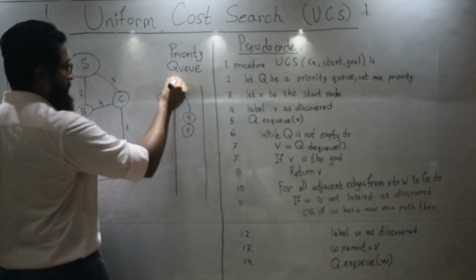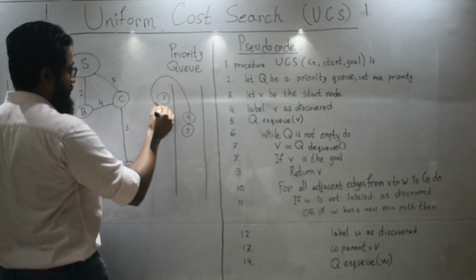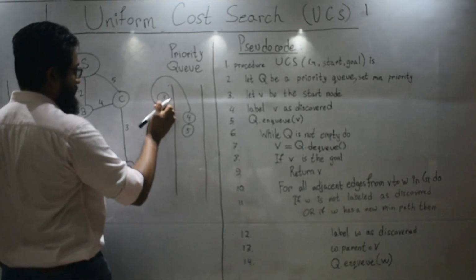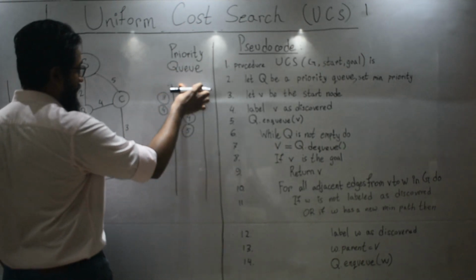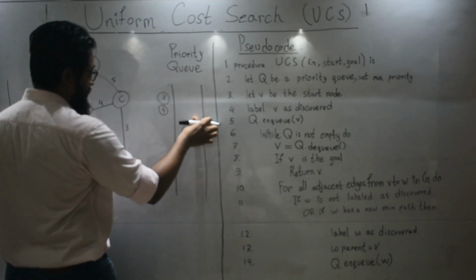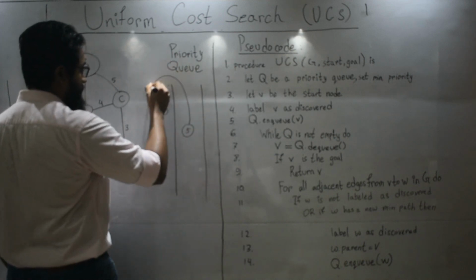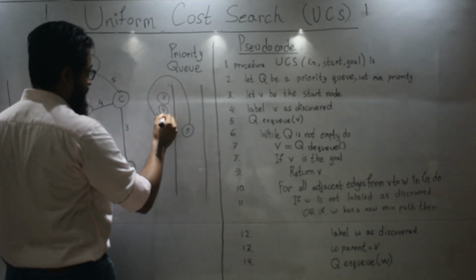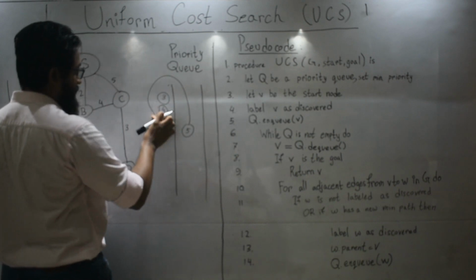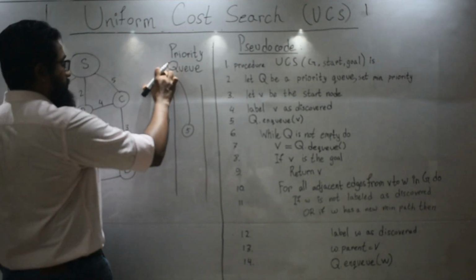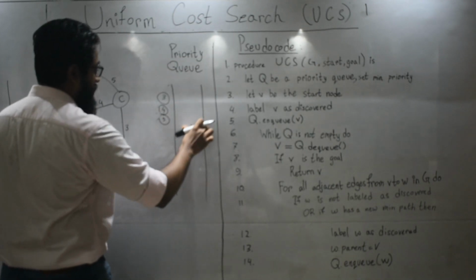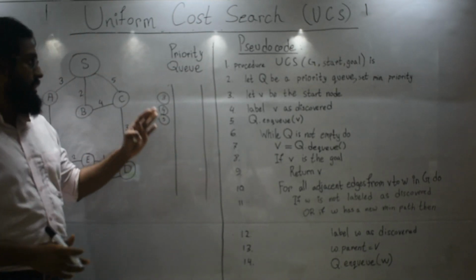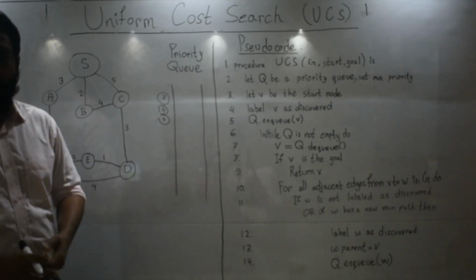After that it will dequeue 4, and lastly it will dequeue the last one, 5. Okay. So that's how a priority queue works.